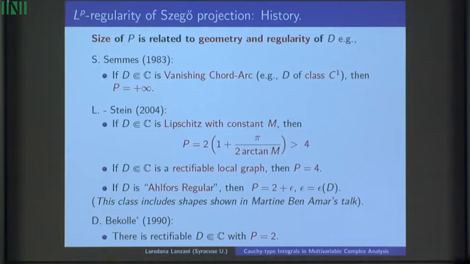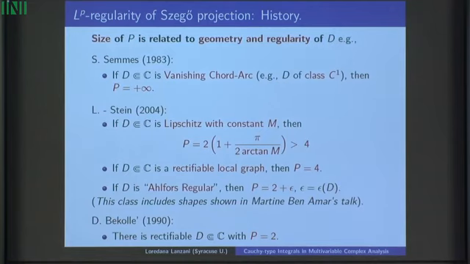And already in 1990, people knew that there are rectifiable domains which, however, are so bad that the Szego projection is bounded in L2 and precisely in L2. Now, these domains are not given constructively. They're given by conformal map. The idea is to construct a conformal map that looks terrible, and then its image will be the bad domain.